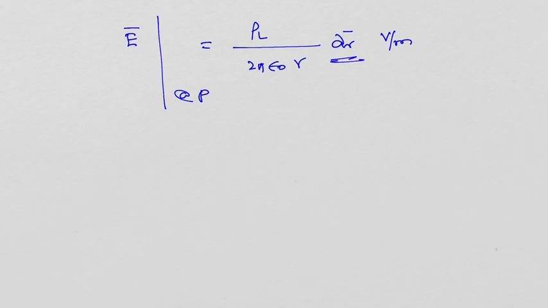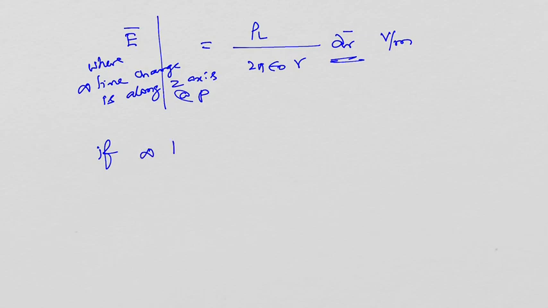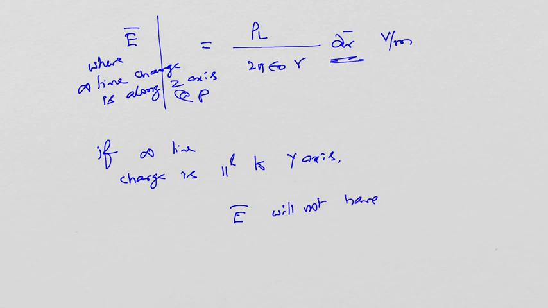Therefore, if the infinite line charge is located parallel to, for example, y-axis, definitely E will not have any ay component.